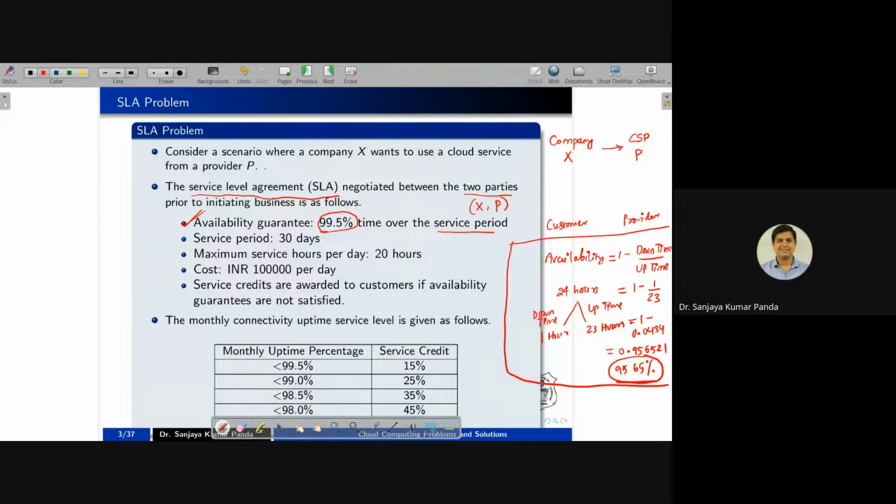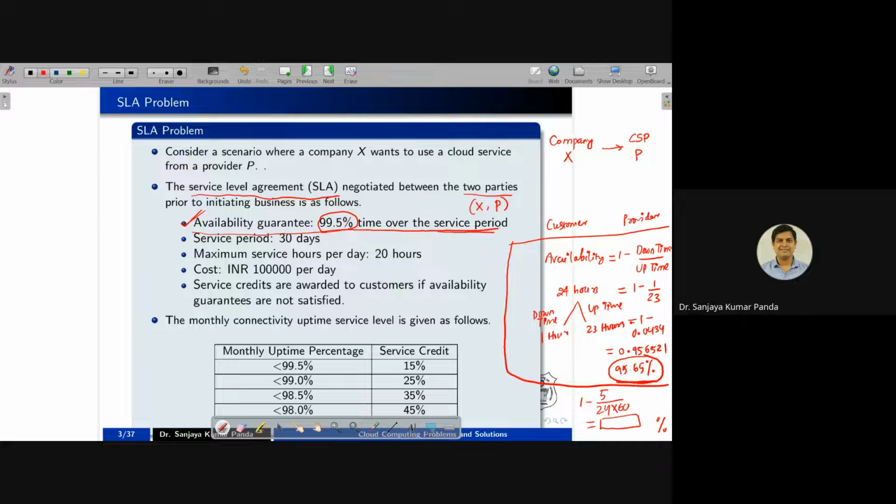What you will do is convert 24 hours into minutes: 1 minus 5 divided by 24 hours in minutes, where each hour is 60 minutes. This will give me the availability between 0 and 1, and if you multiply with 100, you will get it in percentage.